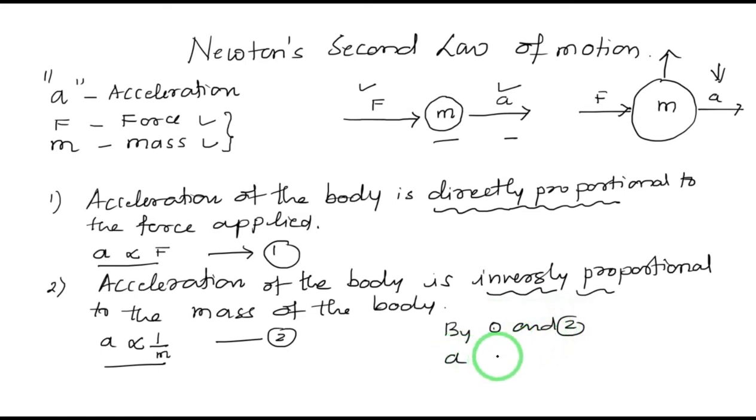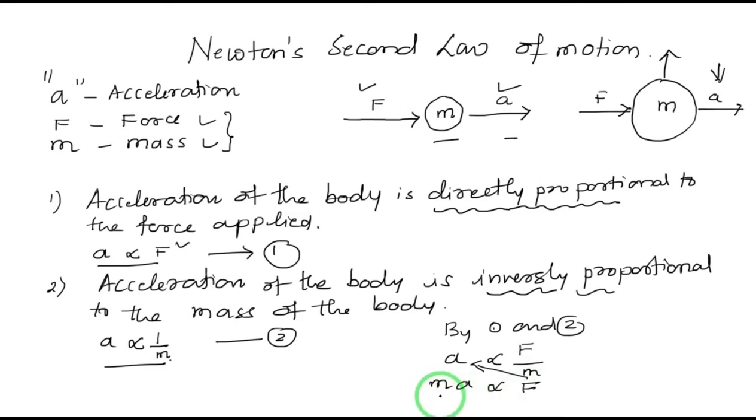Acceleration is proportional to F in the numerator, and M already in the denominator. Right? Now the entire format, I'll just do a cross multiplication here. M will be multiplied to A, so M into A is proportional to force.